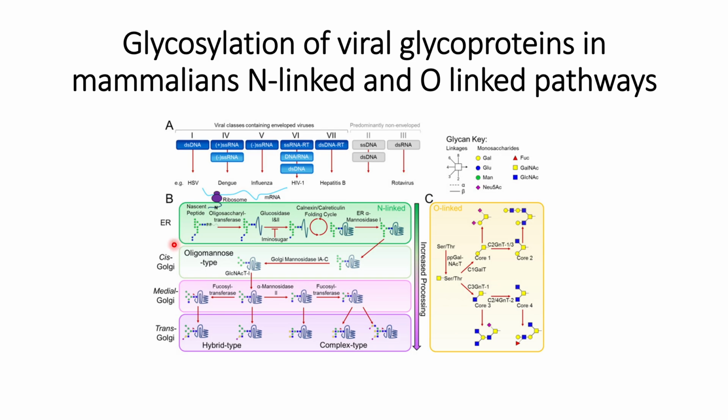The mRNA will start translating into the lumen of the ER, where the nascent peptide will attach via oligosaccharide transferase. After that, glucosidase 1 and 2 will trim off two glucose monosaccharides, and then it will be detected by calnexin and calreticulin, which help in proper folding.